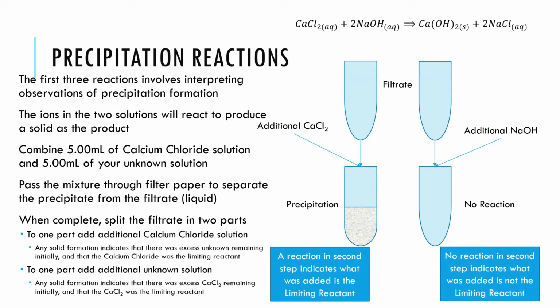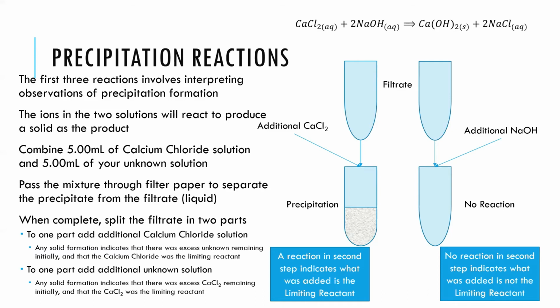So when you're performing that second test, this is a chemical test to determine in that first combination, this 5 milliliters and 5 milliliters, what is the limiting reactant? Is it calcium chloride or is it your unknown solution? So in that secondary test, you're looking at the filtrate. All of the excess ions, all of the unreacted ions are present in that filtrate. The limiting reactant is gone.